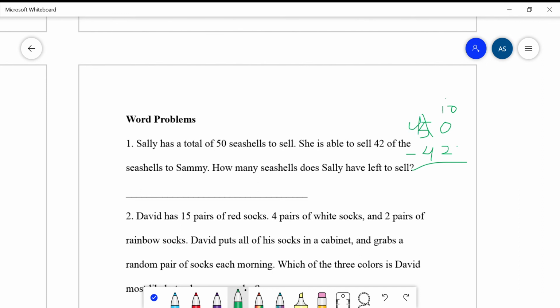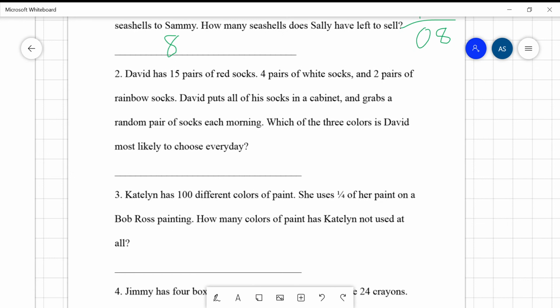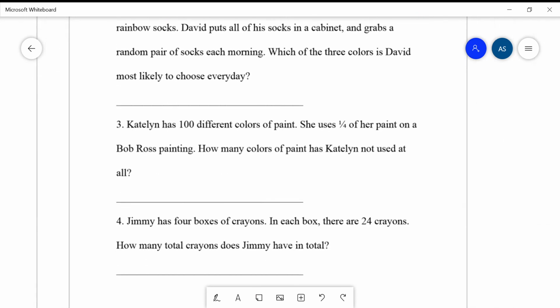And so this will be 4. And so 10 minus 2 is going to be 8. 4 minus 4 is going to be 0. So Sally only has 8 more to sell. Right? I would like you guys to try the rest of the problems by yourself.